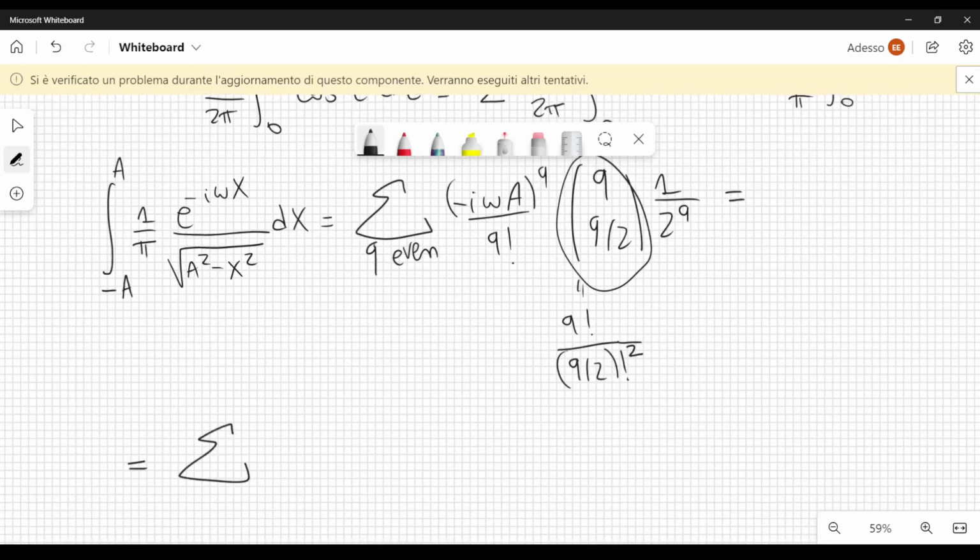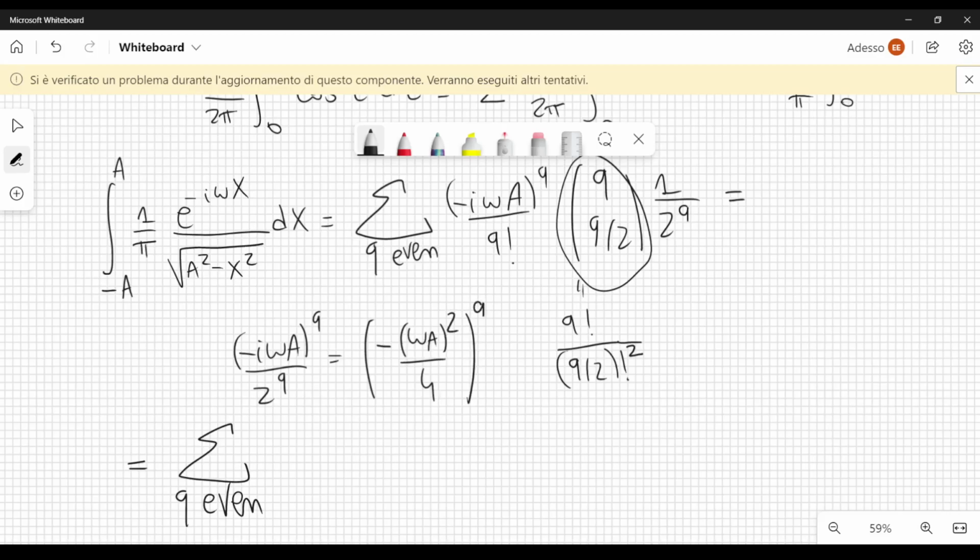And let me rewrite it like this: summation for the even q's, and I'm going to rewrite also minus I omega a to the power q divided by 2 to the power q like this. I can rewrite it, if you think about it, like this. This is equal to minus omega a squared over 4 to the power q halves, like this, right?